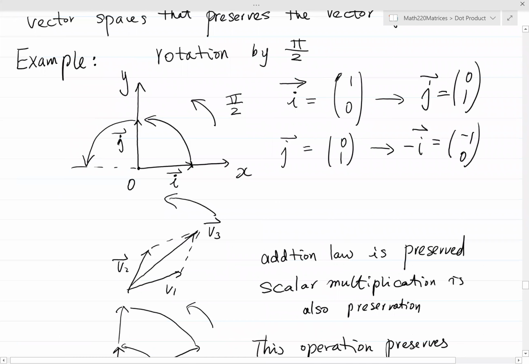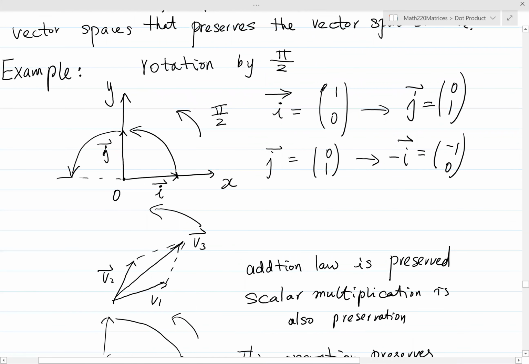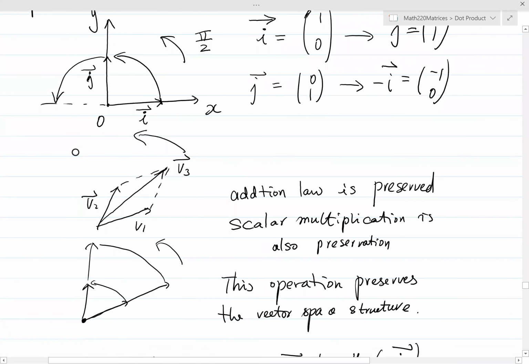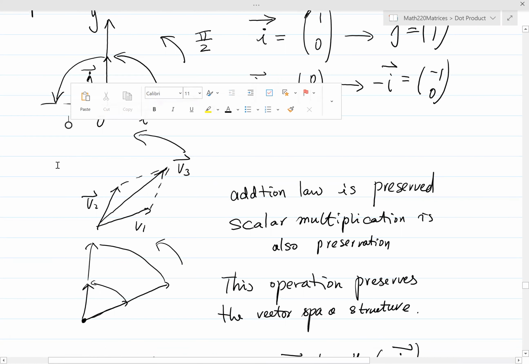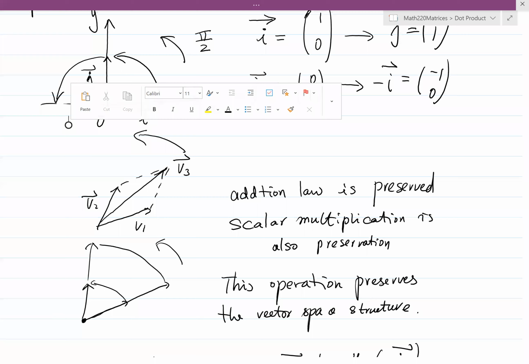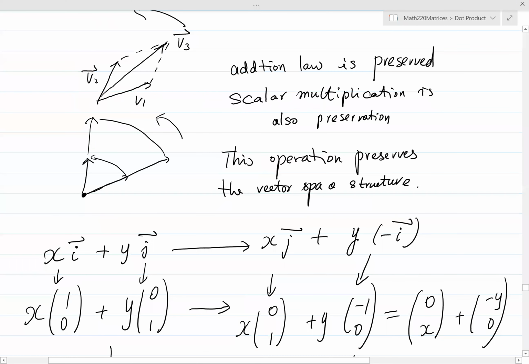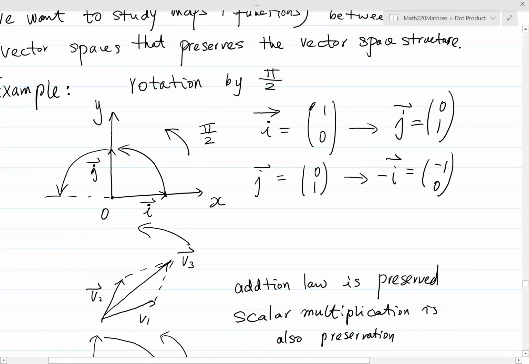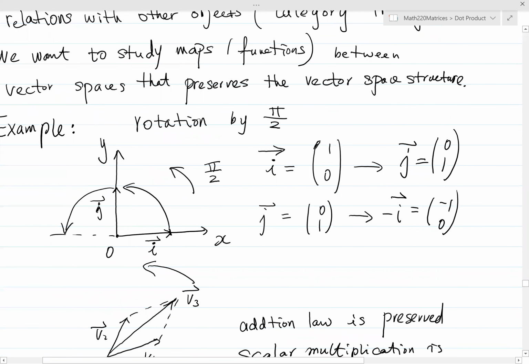When we studied real numbers, we talked about functions, which are one-dimensional. With multiple dimensions the map becomes more complicated. We should find the image of each basis vector: what we get if we plug in i, and what we get if we plug in j.